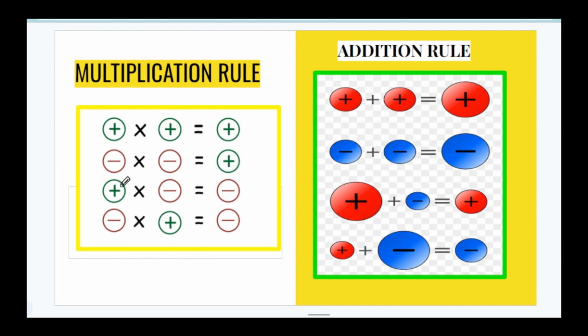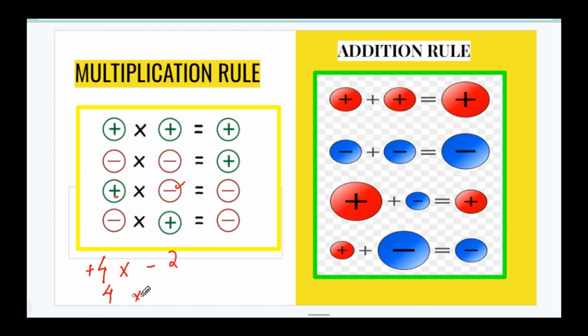Now what about when we have different signs, like if I have 4 times minus 2. Now this 4 means plus 4, but we don't write plus 4, as we are used to writing only 4, because it means plus 4.